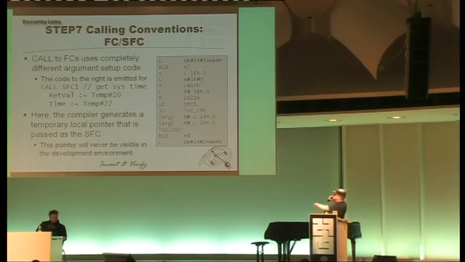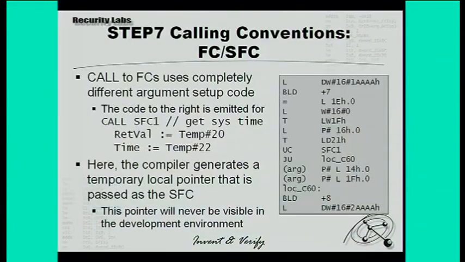You see the unconditional call to SFC1, and what you see behind this, the GU, is an unconditional jump that jumps to this location right on top of the BLD +8. And in the middle, they're throwing a raw pointer encoded in the instruction. There's no instruction to it, it's just argument. They're just throwing the raw pointers in there and then jump over it so their PLC doesn't get confused about it. Ridiculous design.